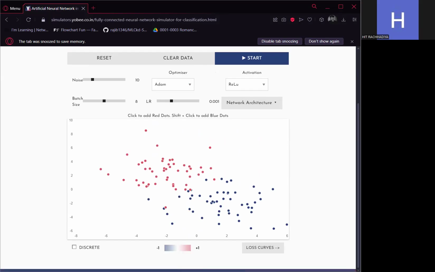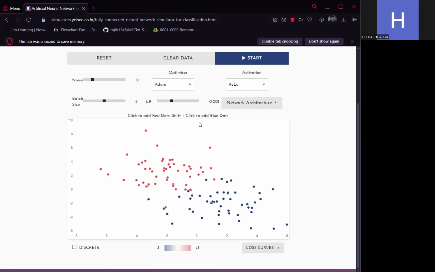And the structure for a fully connected neural network: first we are having the input layer, which is the first layer, which takes the input features from the data set, and the number of neurons corresponds to the number of features in the data.